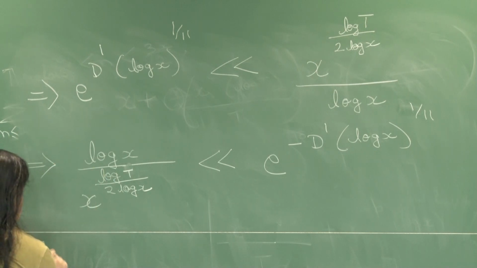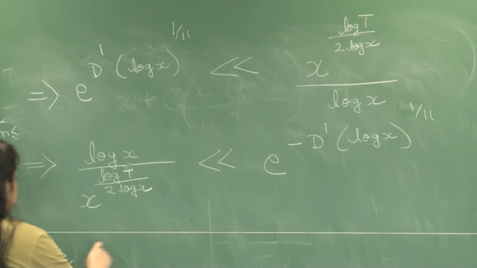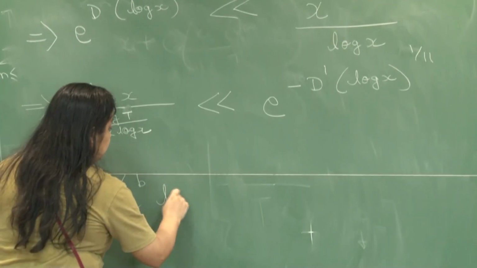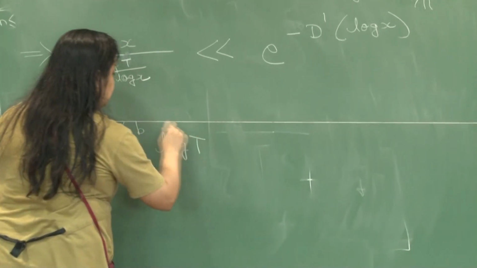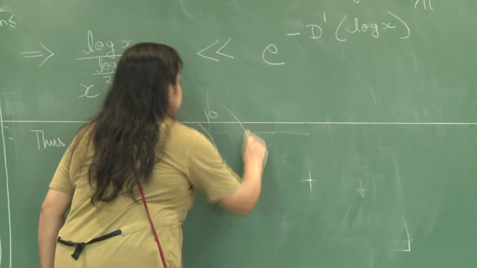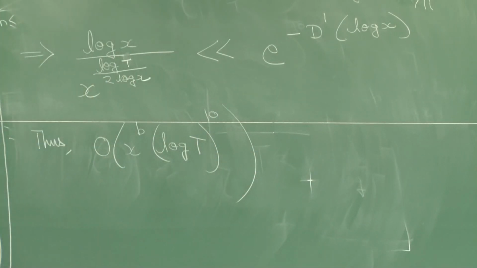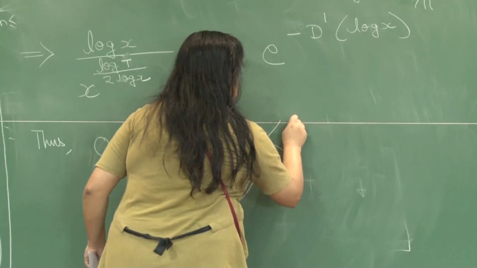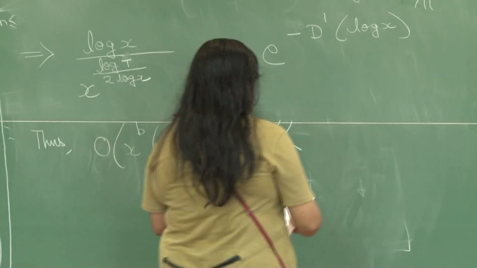Thus, the error term that we had, O of x raised to the b log t raised to the 10, will turn out to be less than your x.